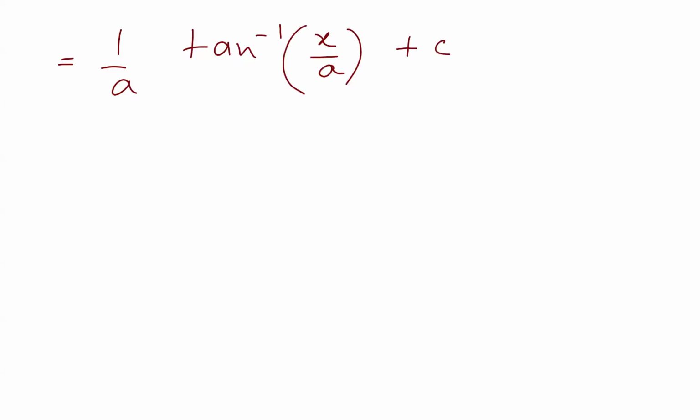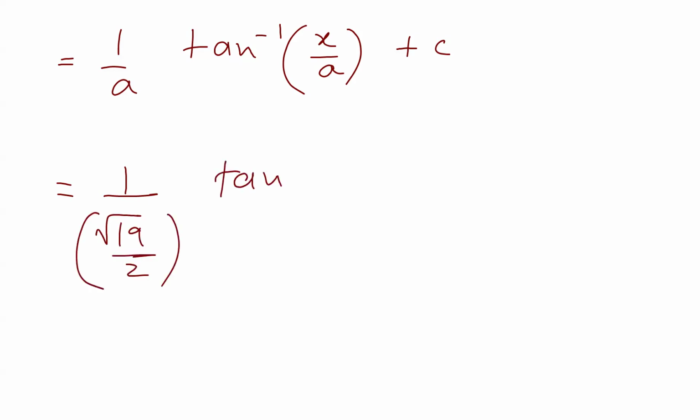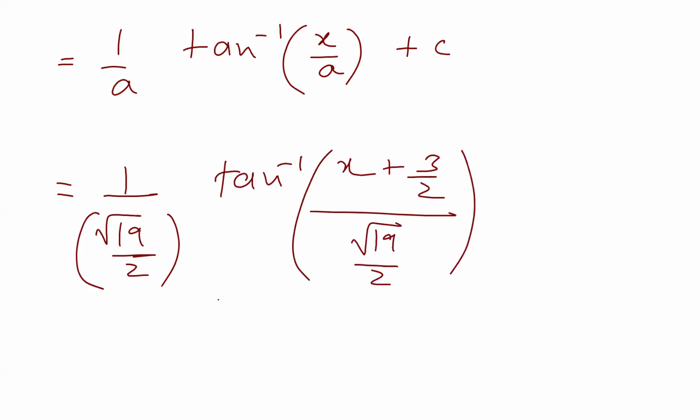So put the value of a. The value of a is root 19 by 2: 1 upon root 19 by 2 tan inverse of x plus 3 by 2 upon root 19 by 2, upon d by dx of x plus 3 by 2, plus c.